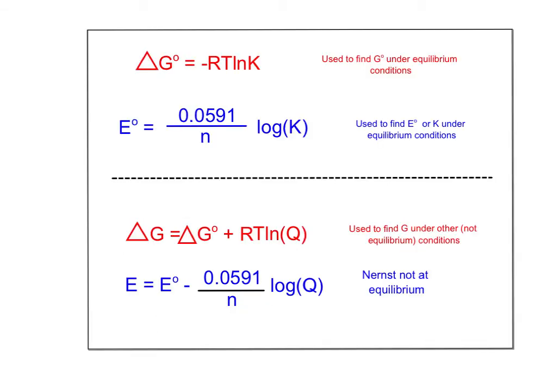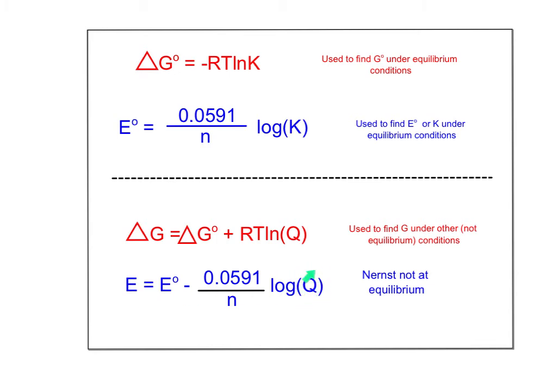So again, here's a variation of the Nernst. We have our Ratlink, which is used to find delta G under equilibrium and standard conditions. If we want to just find E when we're at equilibrium conditions and standard, which is really 1, we will use E equals 0.0591 over the number of moles times the log of K. And then here are the variations: the variation on Ratlink when we're not at equilibrium because we're solving for Q, and the Nernst equation we will use if we're not at equilibrium.